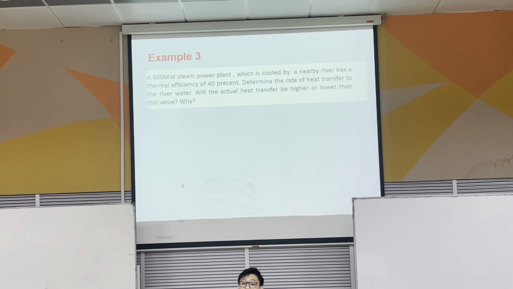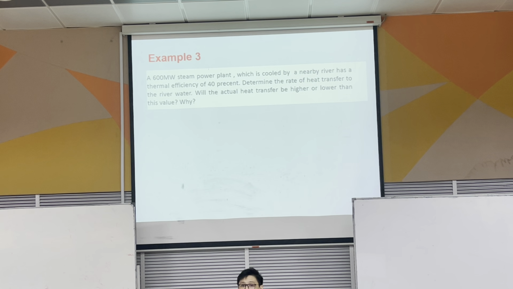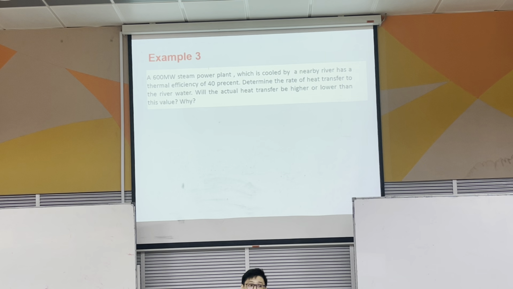When we talk about a power plant with this kind of power rating, let's say 600 megawatt, once again we are always talking about net work, not work out. If we say something has this power output, it's always about the net work, unless it specifically says that we are talking about the work output from the turbine. Otherwise, it's always the net.